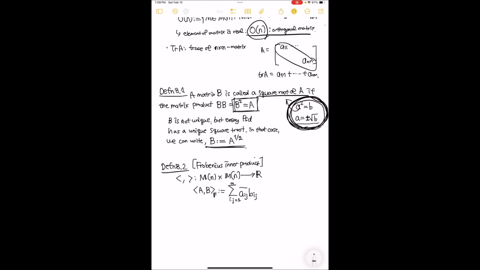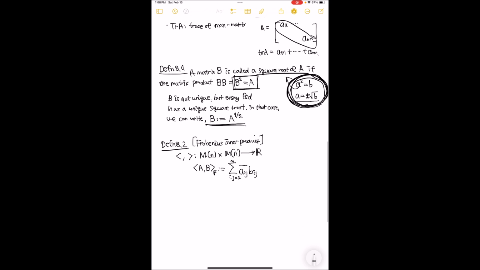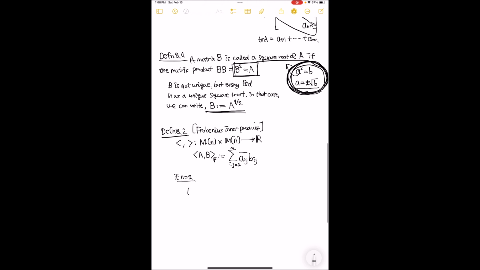If we observe this for n equal to 2, A consists of these elements, and the conjugate of A is like this, transpose and conjugate.